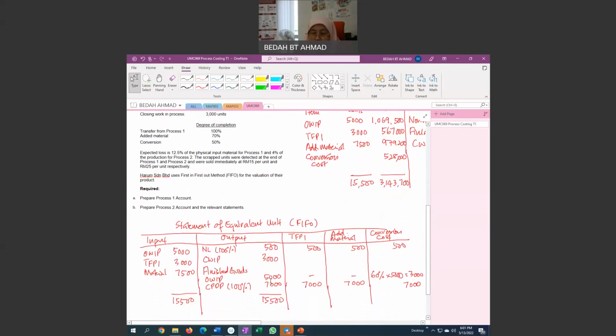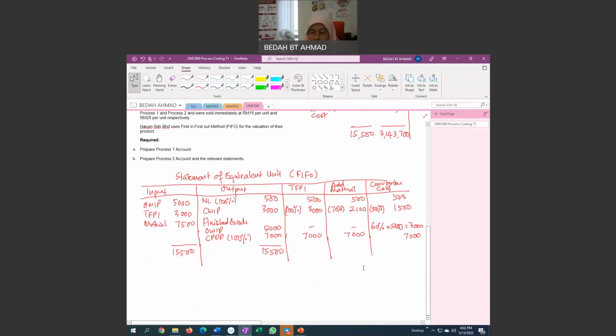So here 100% completed means 3,000, but here only 70% out of 3,000, so 2,100, and here only 50% out of 3,000, it is only 1,500. So the statement of equivalent unit for this transfer from process 1 is 10,500.